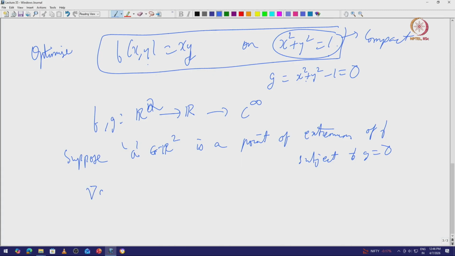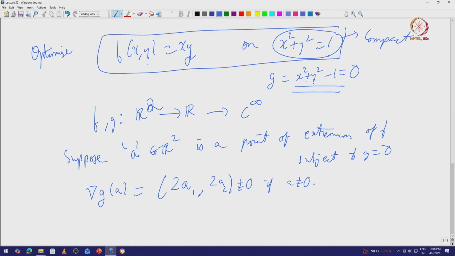What's the gradient of g? The gradient of g, what's the gradient of this? It's dg/dx, which is 2x, right, and dg/dy, which is 2y. This is not 0 if A is not 0, right.